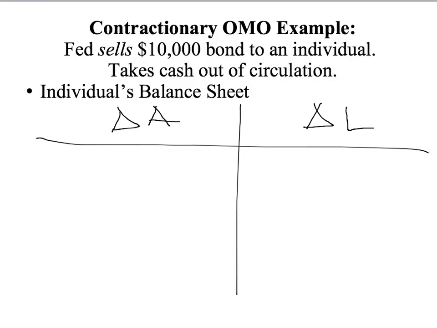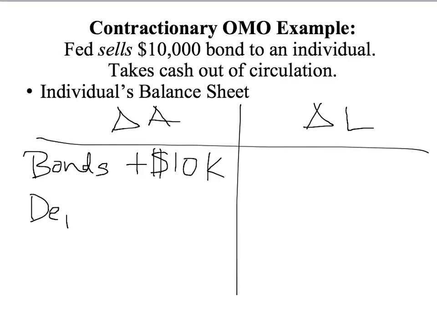So first of all, we know that assets held as bonds are going to increase by $10,000. But assets held as deposits are going to decrease by $10,000. We don't see any change to their liabilities, so their change in net worth balances out, and it's just 0.